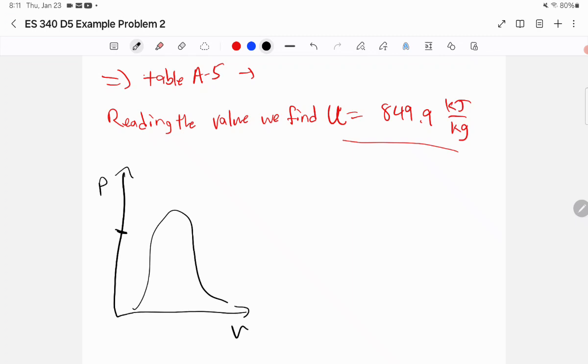So over here we have 2.5 megapascals, and this is obviously in the compressed region because it's on the left-hand side of this curve. And the isotherm related to that looks something like this.